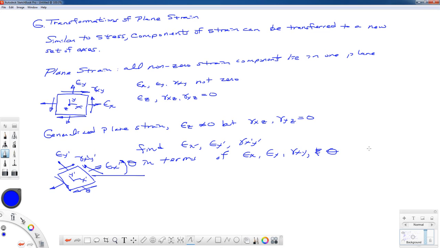So, like I said, we know that strains have to do with changes in lengths and changes in angles. So the next figures I'm going to draw are going to show a square that's undeformed and then a square that gets deformed when we put some loads on it that cause some different strains.